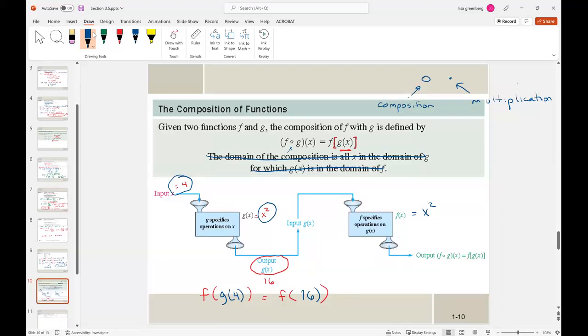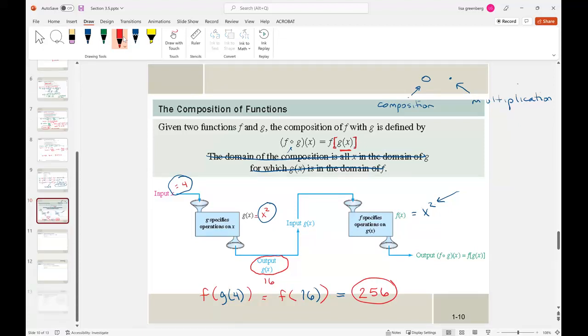So now, on my new function, f of 16, if x is 16, means I have 16 squared, which is 256. So what I've done is I've passed it through one function, and then the output of that function I pass through another function, and that's what the composition means, okay?